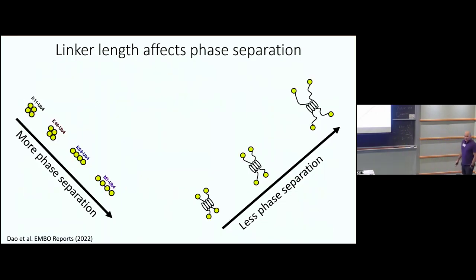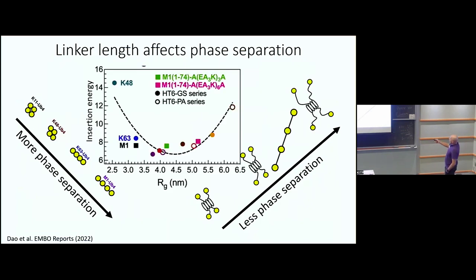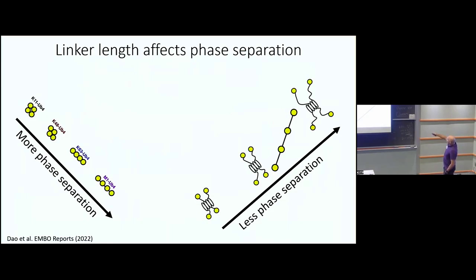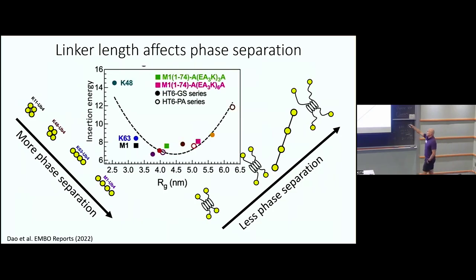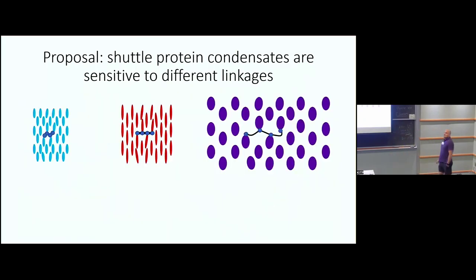And so the prediction there is that if Carlos can engineer a linear molecule that has dimensions commensurate with this, then all of these molecules should fall on a common curve, which is exactly what he found. And so what this model suggests is that these shuttle proteins are reading these different polyubiquitin linkages via the emergent properties of the condensed phase.